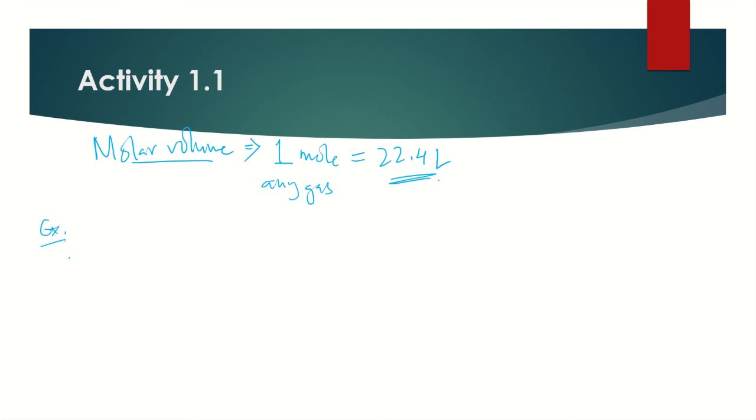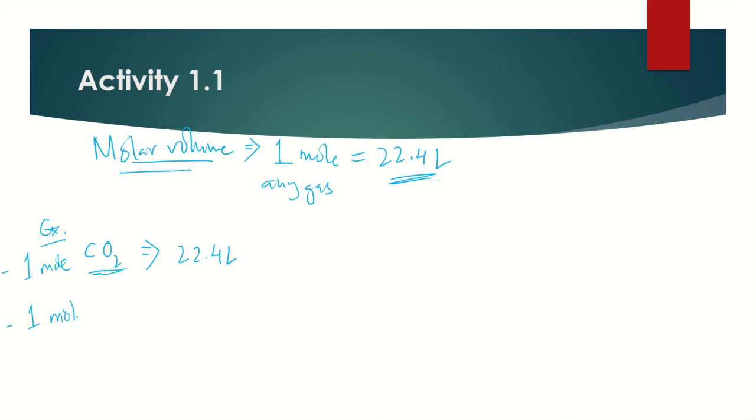So let's consider a few examples. Let us say we have 1 mole of carbon dioxide. Let's try to find out its volume. According to the molar volume, we will find that it is 22.4 liters that 1 mole of carbon dioxide is going to occupy. Let's take the second example.